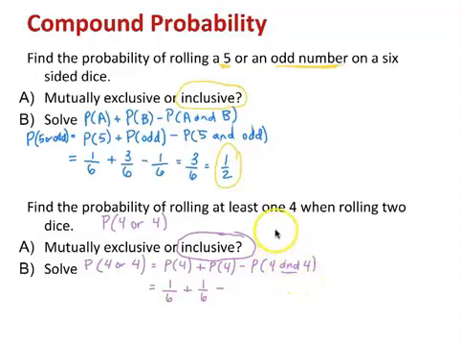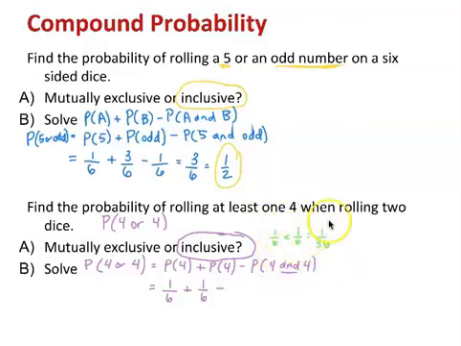So we know the probability of 4 is 1 over 6, and then we multiply it times the probability of another 4, landing on 4, which is 1 out of 6. Multiply those together and I get 1 out of 36. So going back to what we learned last week, when we see that keyword and, we're finding the probability of 2 events, find the probability of this and that, we multiply those probabilities.